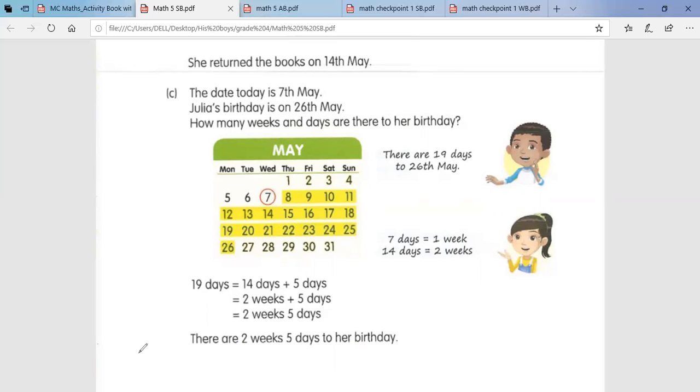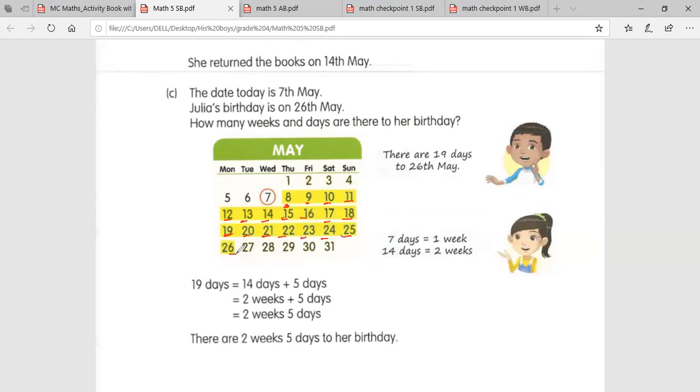He asked days and weeks until her birthday. He wants you to calculate from 7: 1, 2, 3, 4, 5, 6, 7, 8, 9, 10, 11, 12, 13, 14, 15, 16, 17, 18, 19.